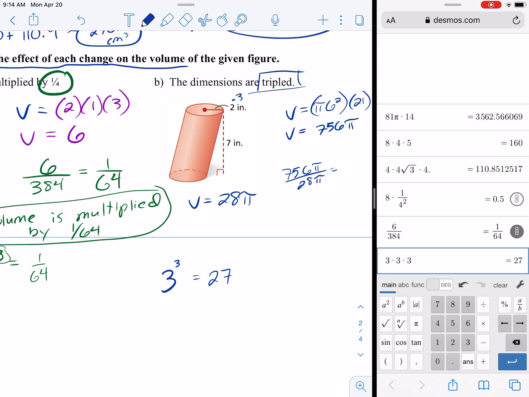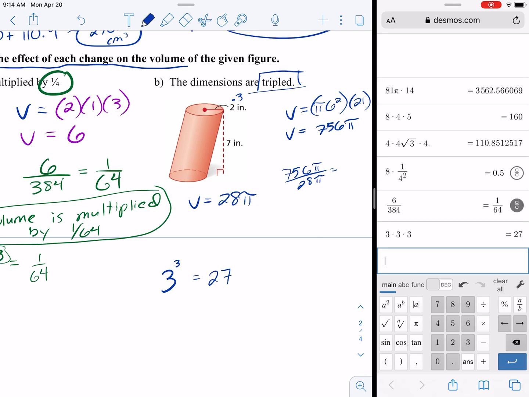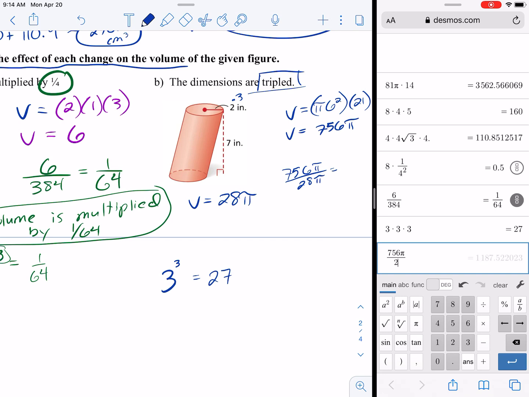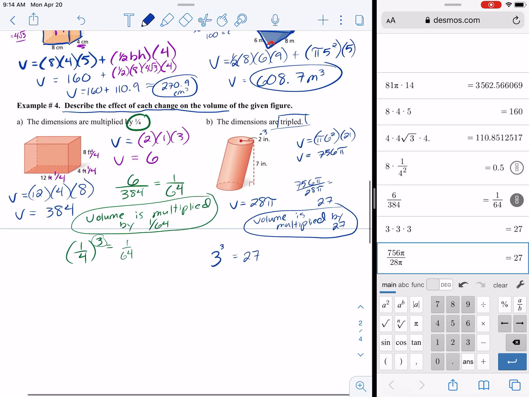And let's just check to make sure that's what we get when we compare the two. 756 pi divided by 28 pi, we get 27. So we would say volume is multiplied by 27.